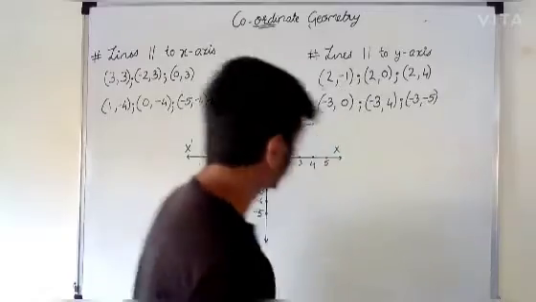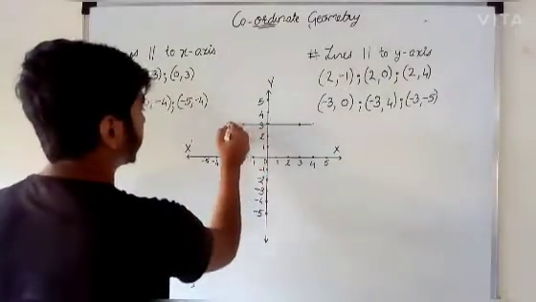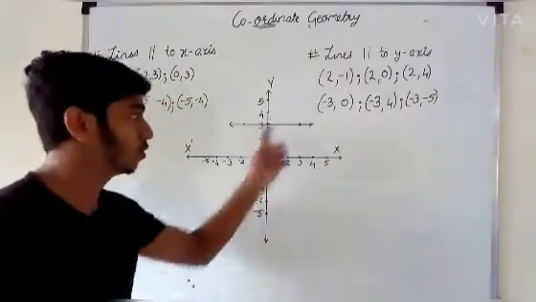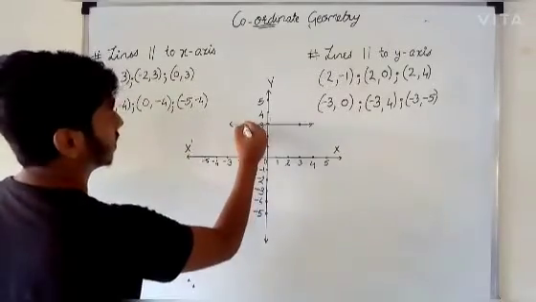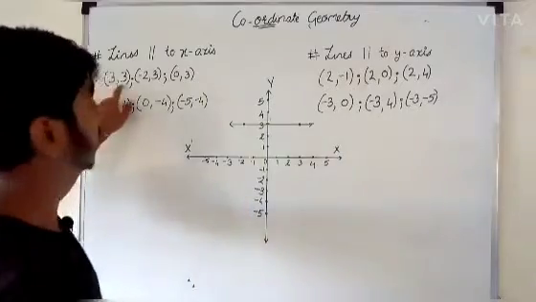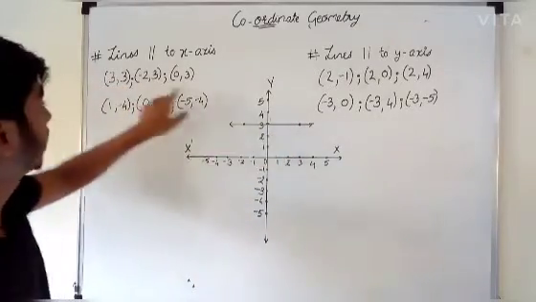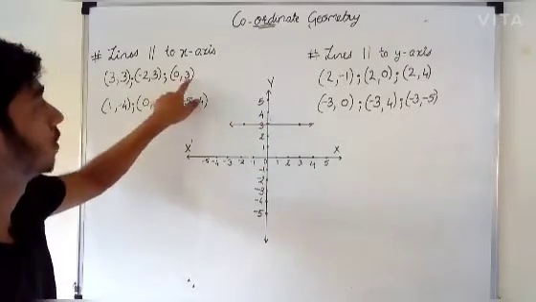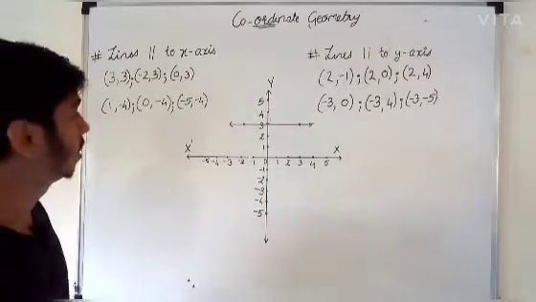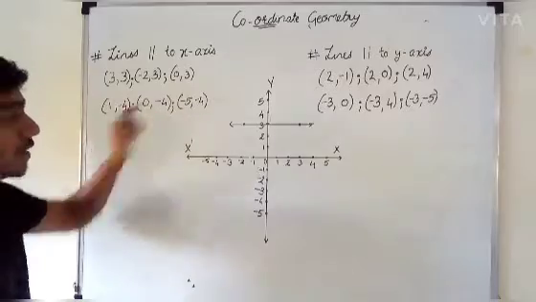I've drawn a line. This point is 3, 3, this is minus 2, 3, and this point is 0, 3.